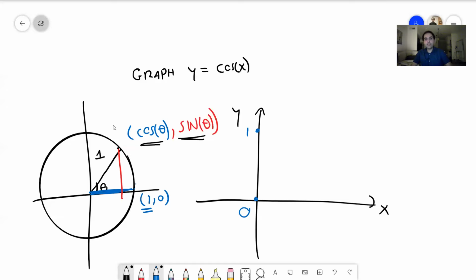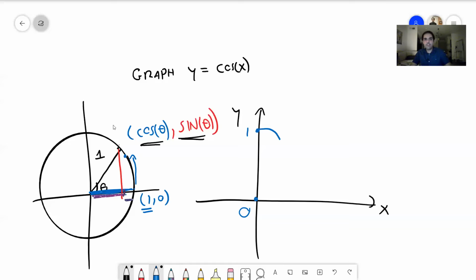And then notice, if you increase the angle, the x-coordinate doesn't decrease that much. Because if you're going all the way up to here, the x-coordinate just decreases by that little. So the cosine just decreases a little bit.